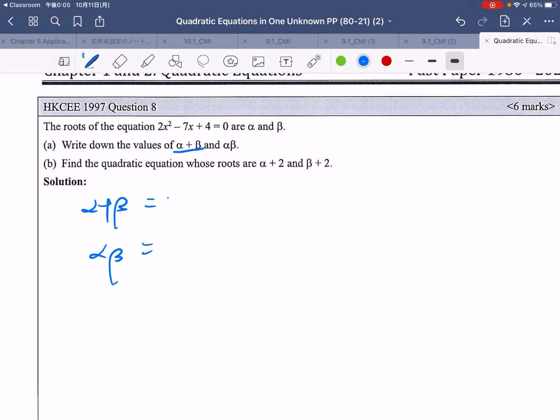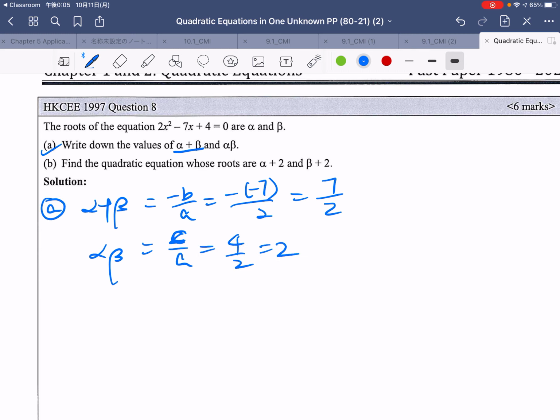The sum of roots is -b/a, so -(-7/2), so 7/2. The product of roots is c/a, that means 4/2, which is 2. You finish A, and then B. You need to form a quadratic equation whose roots are alpha plus 2 and beta plus 2.